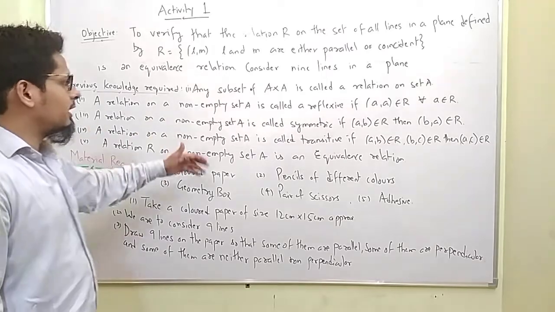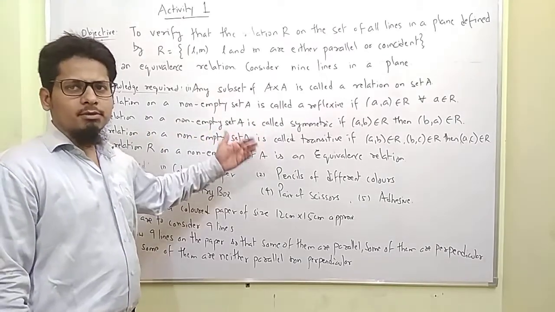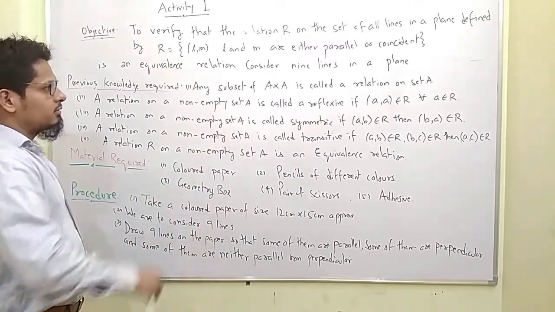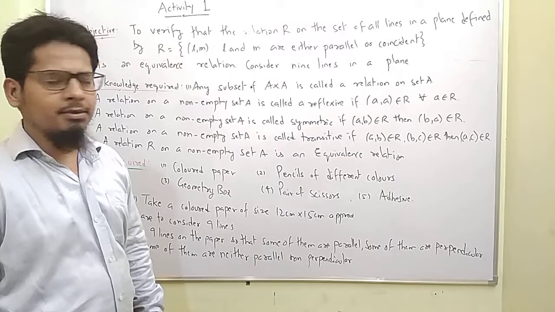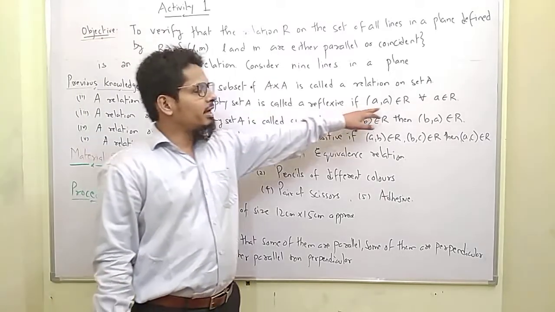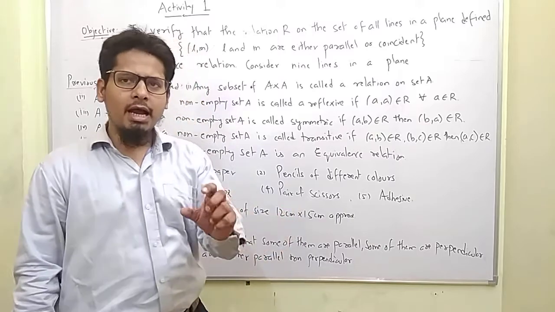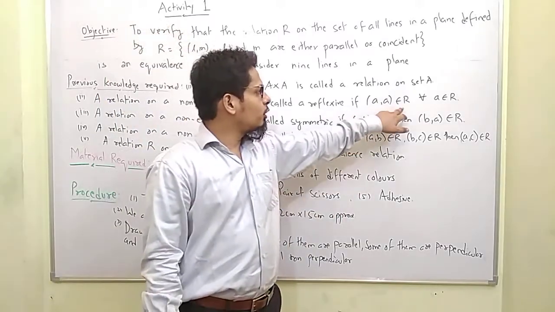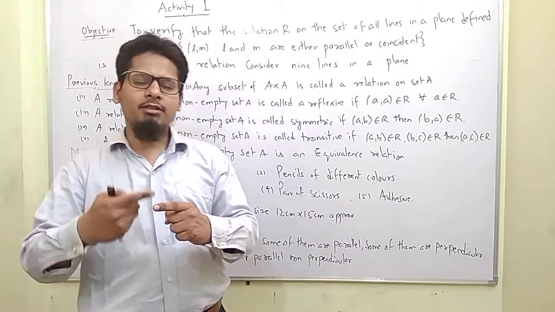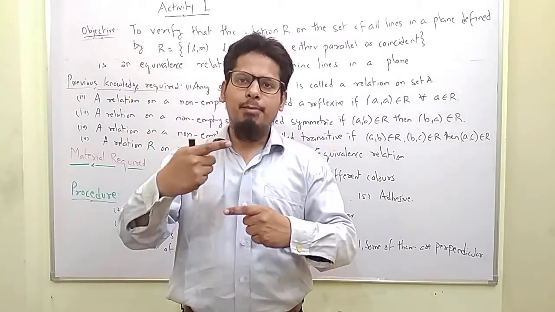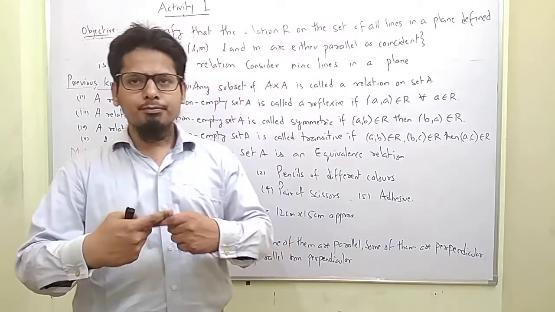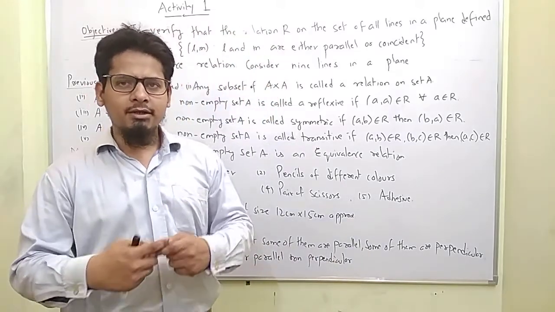I'm just revising these relations: reflexive, symmetric, and transitive. It is mentioned here that relation R is reflexive when (A, A) belongs to R. That means the line L itself, if the line L is parallel or coinciding to itself, then we say the relation R is reflexive.